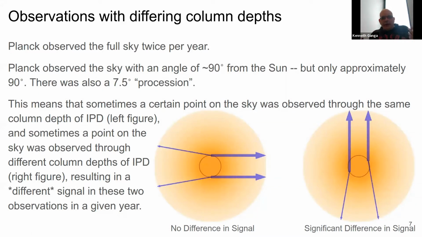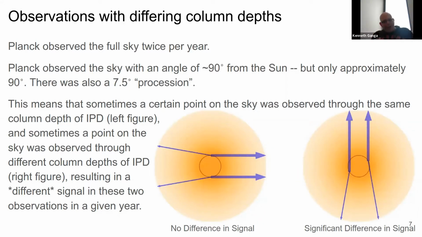And this is what worries me a little bit, because imagine I'm looking for polarization and my polarizers are oriented in one direction here. And then I look at the same part of sky, but I've rotated my polarizer. I will see a different signal.